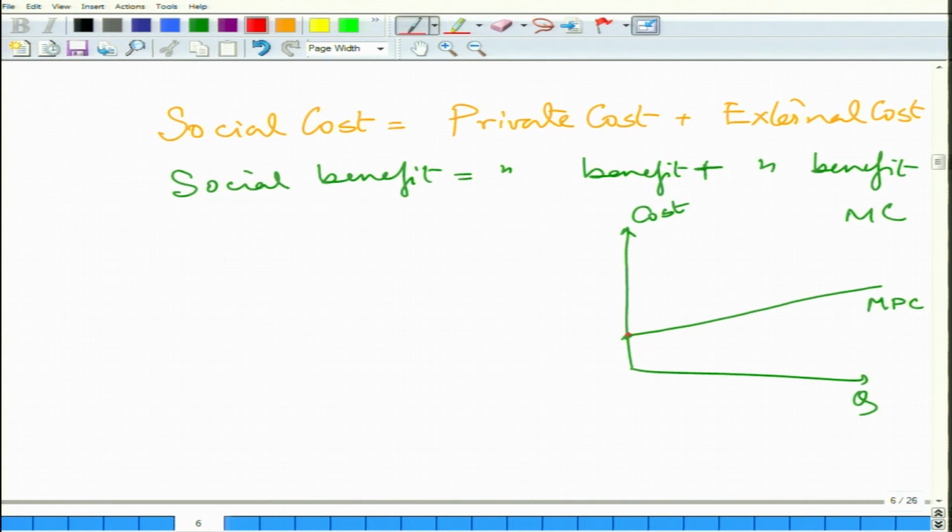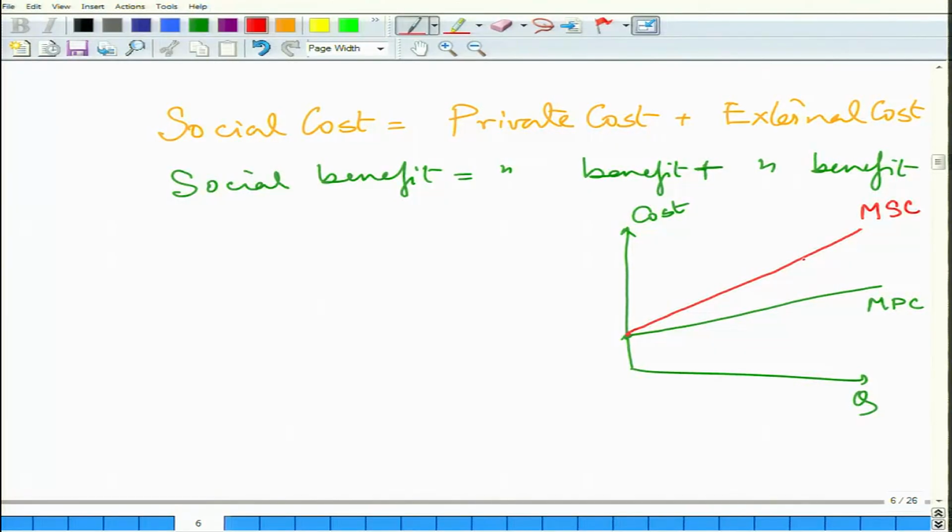Otherwise, the moment it starts producing, it starts polluting the environment, and therefore it should be the marginal social cost. This difference between the marginal private cost and the marginal social cost is the marginal external cost.